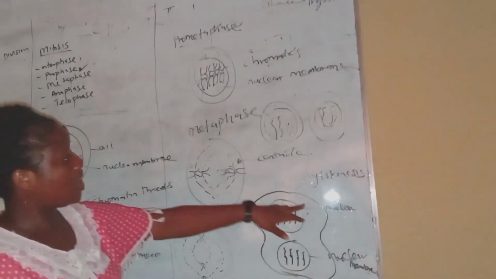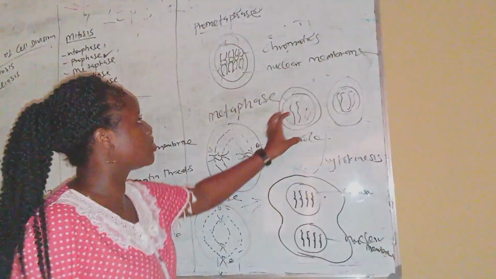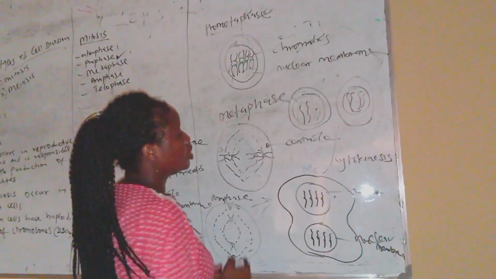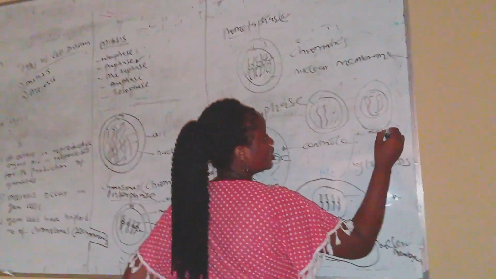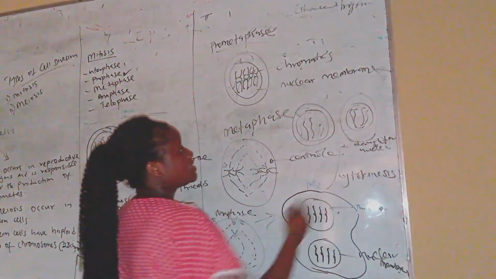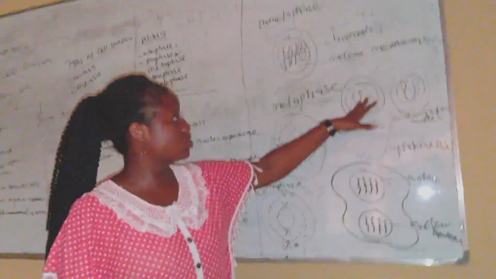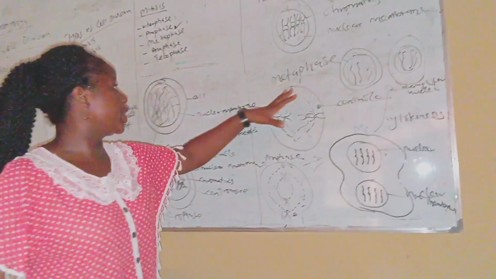See, after telophase, cytokinesis happened, I will see the two daughter nuclei looking exactly the same. So you could see that the chromosomes begin to uncoil.